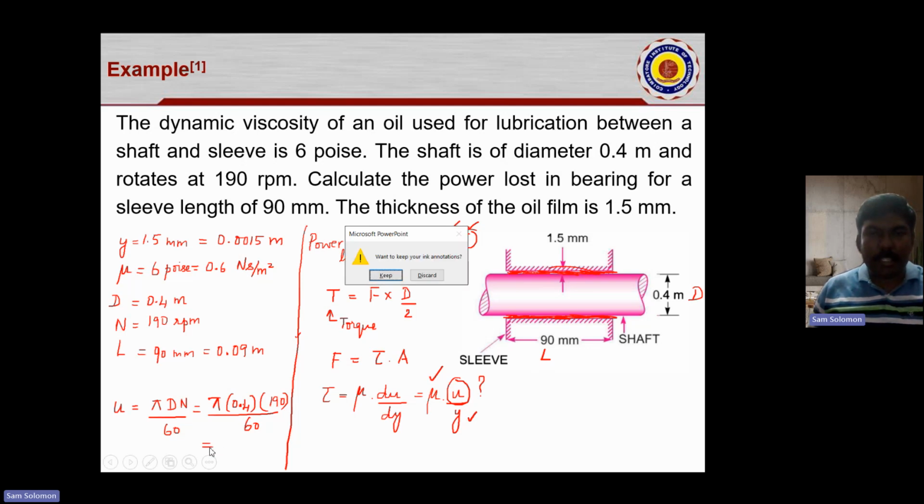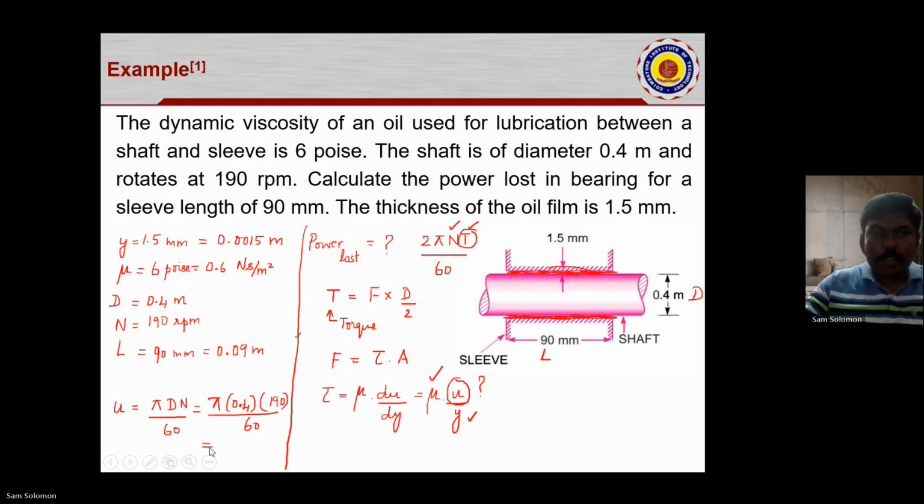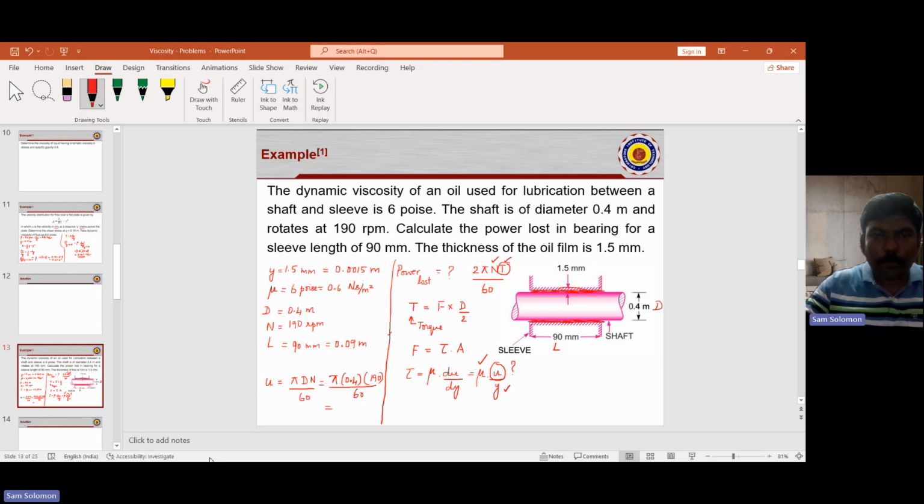So if we use the calculator again, pi times 0.4 into 190 divided by 60, that would give me 3.98. So this is 3.98 meter per second. Okay, so now I will be able to calculate the value of tau.